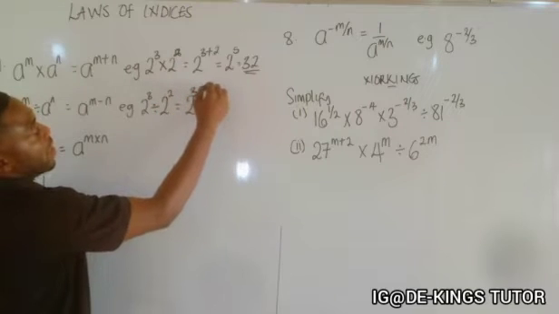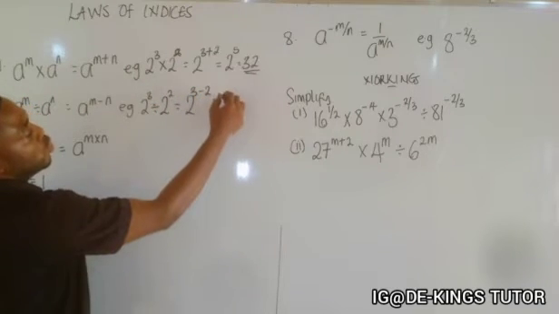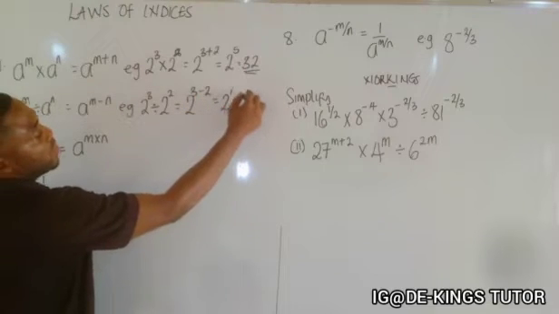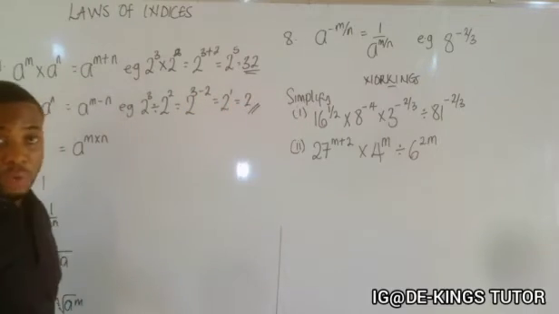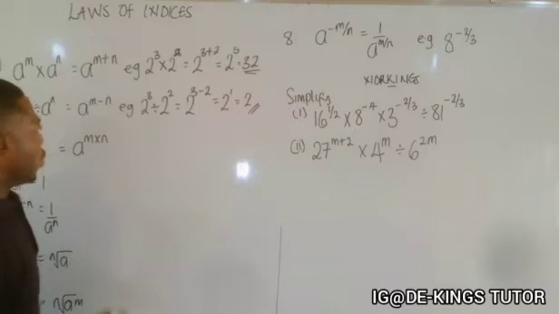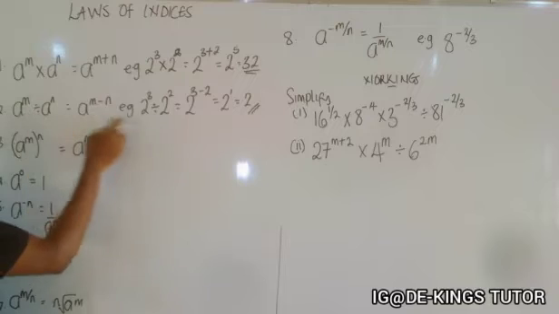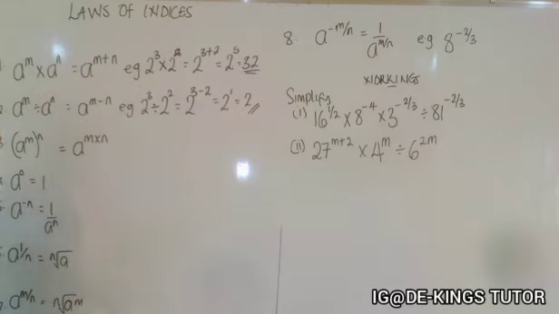It will be 3 minus 2, which is 2 raised to the power 1, which is the same as 2. So whenever the base is the same and it's division, you take one and subtract the powers.